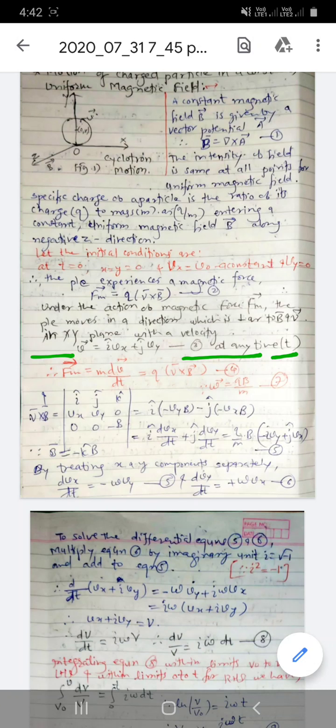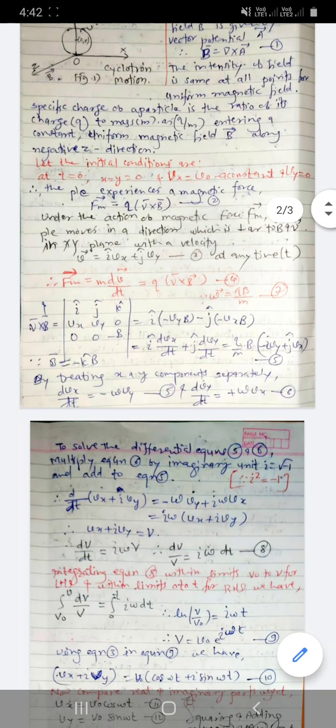I have already explained in the diagram that the particle performs the motion in xy plane with velocity component Vx along x direction and Vy along y direction, and it is given in this equation as V bar equal to i cap Vx plus j cap Vy at any time t. It's equation number 3.